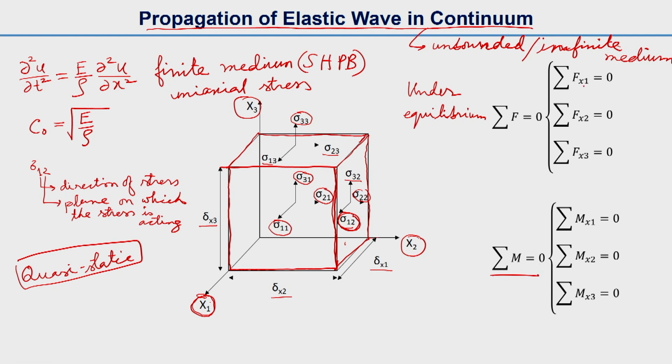These x1, x2 and x3 are the three different coordinate axis directions. And as you can see, these planes in the unit cube are taken as normal to the coordinate axes x1, x2 and x3.